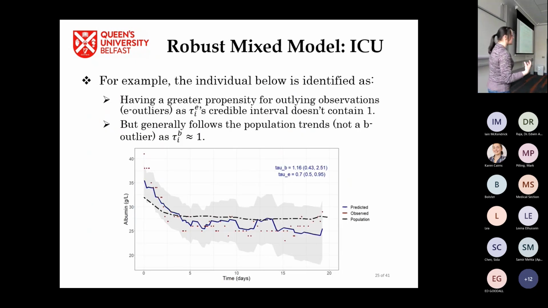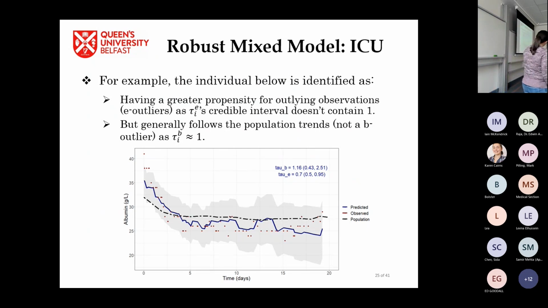What we can do within this, because we are able to separate out the degrees of freedom, is get out these two different tau i parameters, one for our random effects and one for our random error terms. Remember these tau i parameters: if they are equal to 1, then that reverts back to normality. We can use those to identify individuals that are classified as E outliers or B outliers.